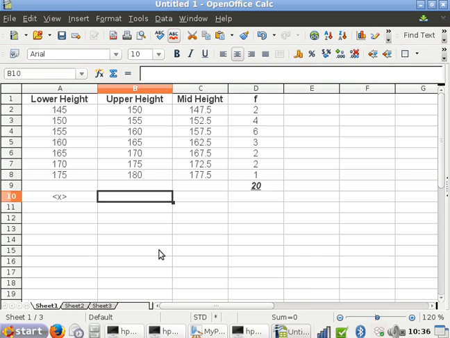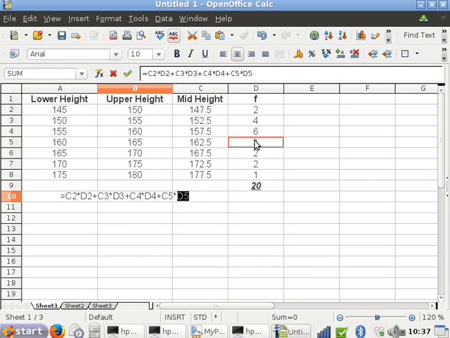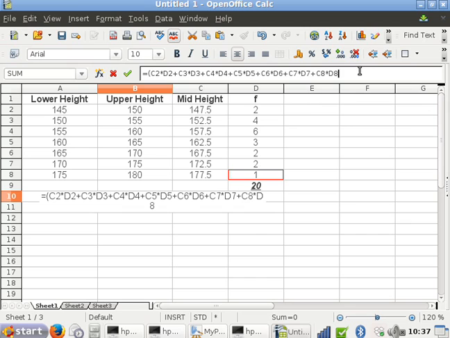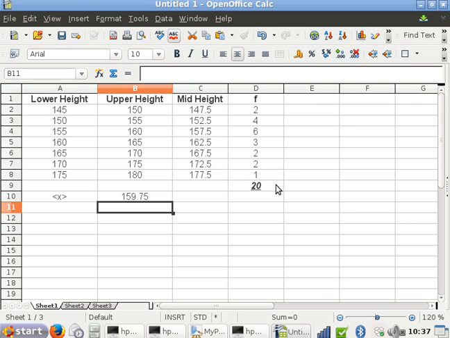The mean is this times frequency plus this one times frequency, and so on, and then divided by 20. Frequency times data over total frequency, and the height is 159.75.